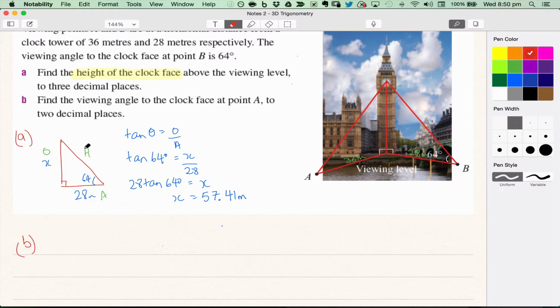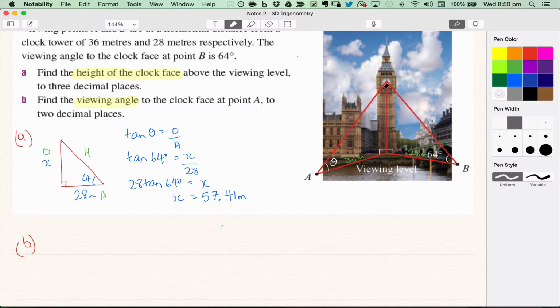Part B is asking us to find the viewing angle to the clock face at point A to 2 decimal places. So from point A, we're looking for the viewing angle. I'll label that on here, and we can label that with a theta because it's an unknown quantity.